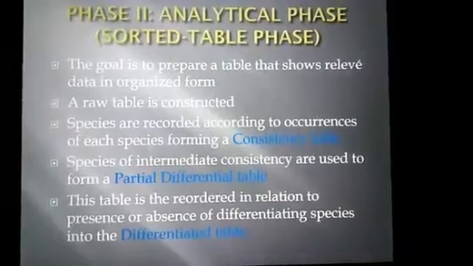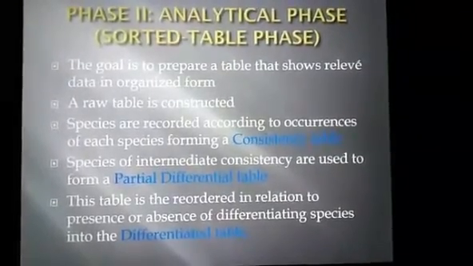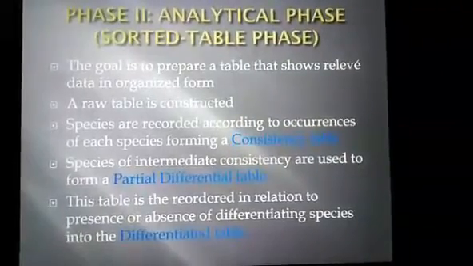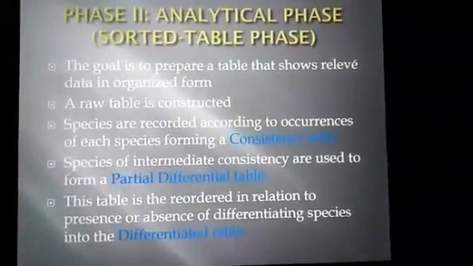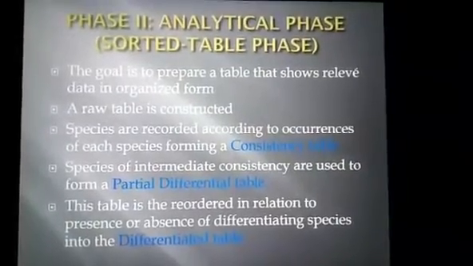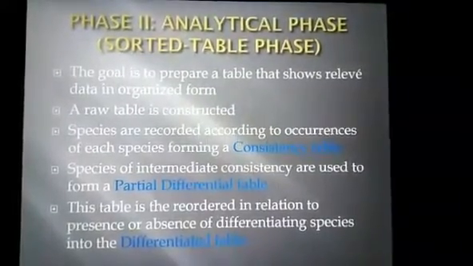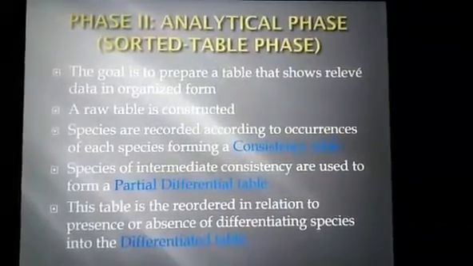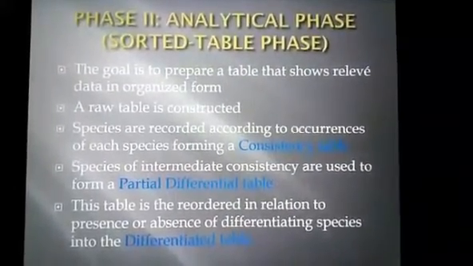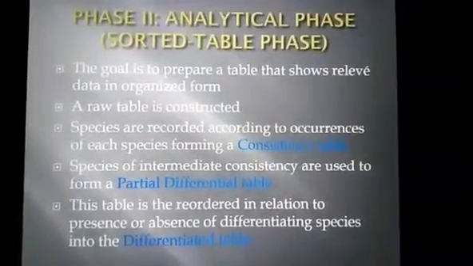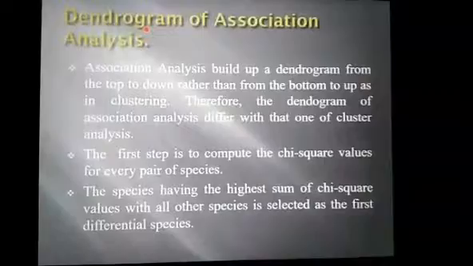Species of intermediate constancy are used to form a partial differential table. So this table is reordered in relation to the presence or absence of differentiating species into differential tables.